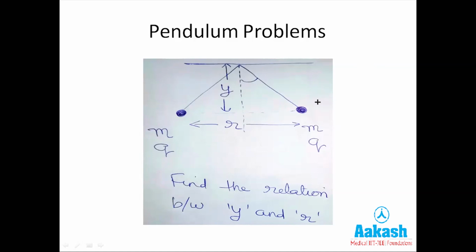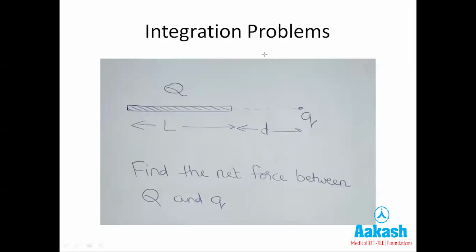So we can consider the equilibrium of one particle. On this one particle, there will be a force due to the other particle. Then mg will act in the downward direction, and tension will also act. So we have to simply equate all these forces, take the components of tension along the x and y, equate them with mg and the repulsive force, and solving this we can get the answer.